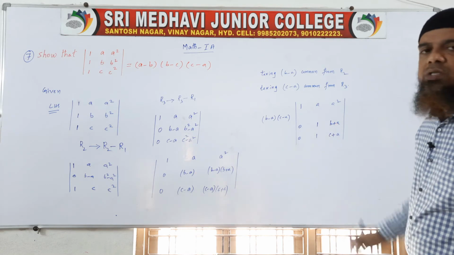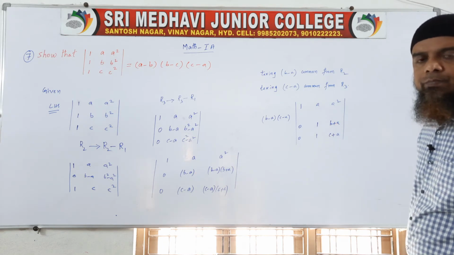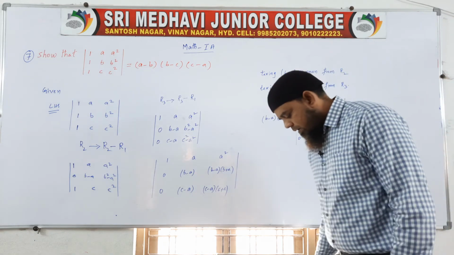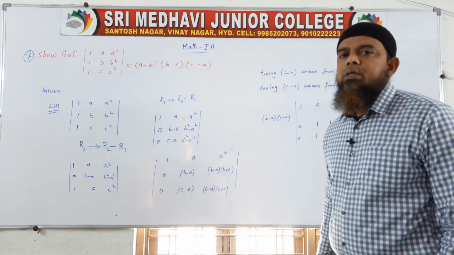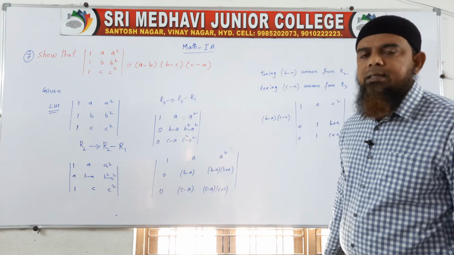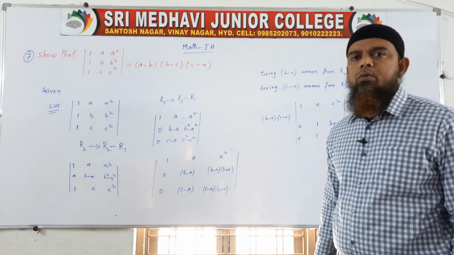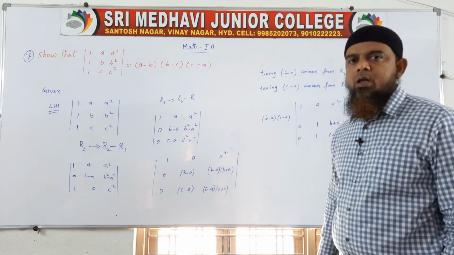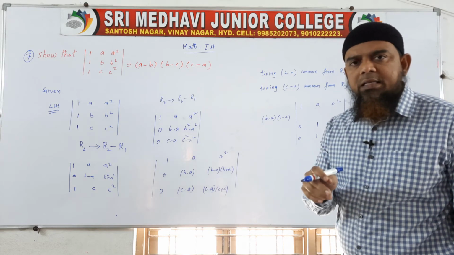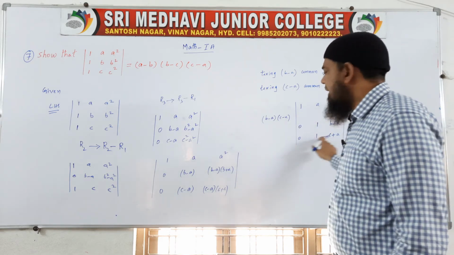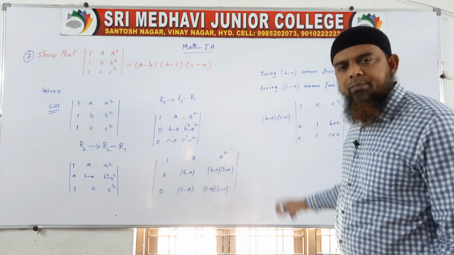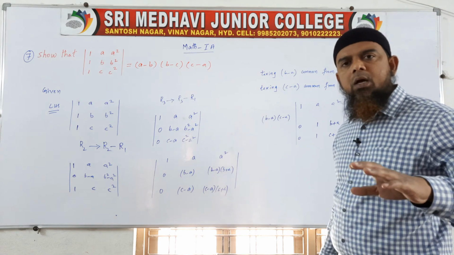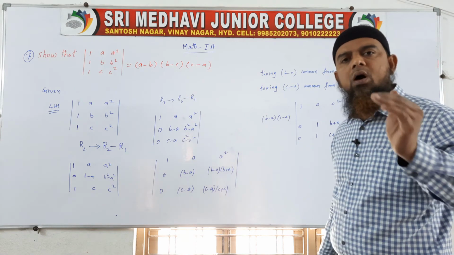Now the last two steps are there to complete our problem. When we did determinant problems like Cramer's method, I told you in the determinants video, you just go through that video once. Whenever you want to find the determinant of a 3 cross 3 matrix, you select any row or any column.